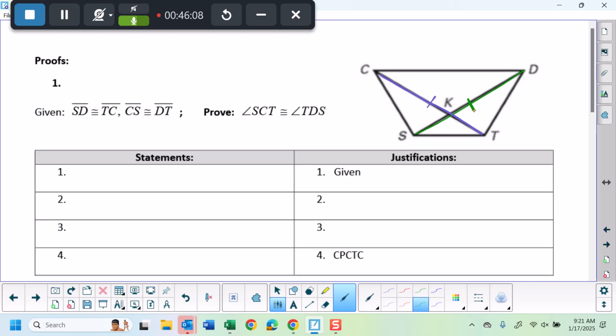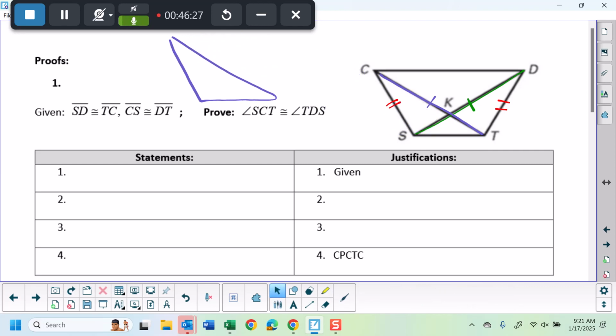Then I know that CS is congruent to DT. So that's a little bit easier for me to see. If you need to draw this triangle and separate it out, please go ahead and do that if that's easier for you.